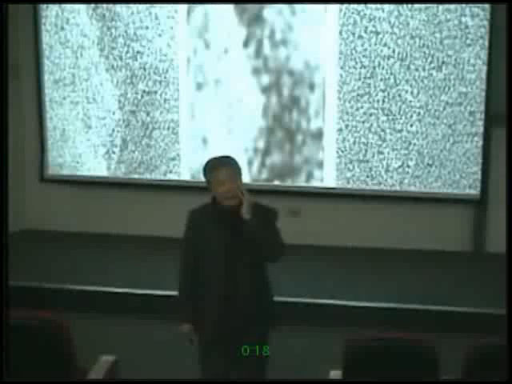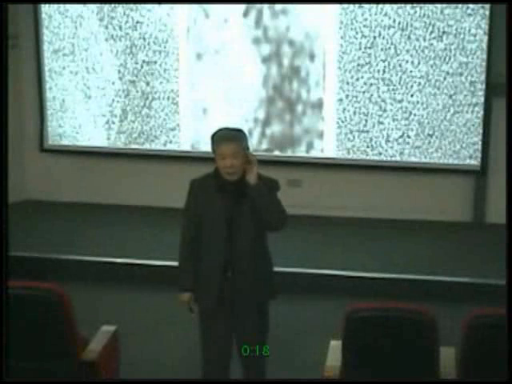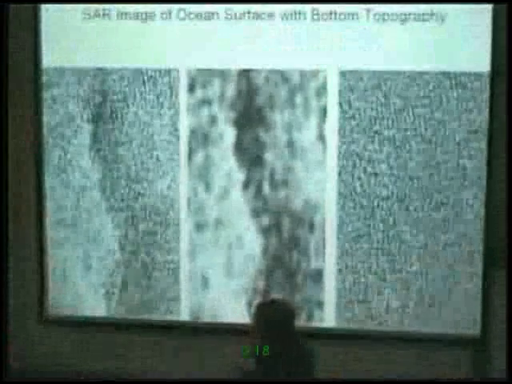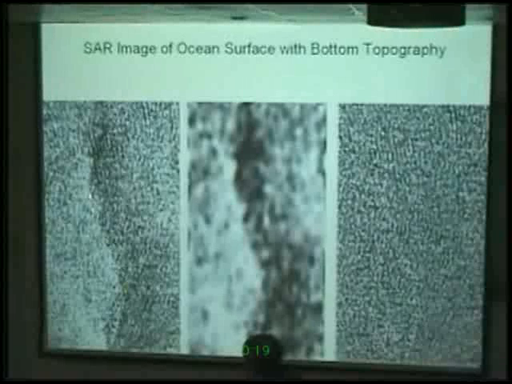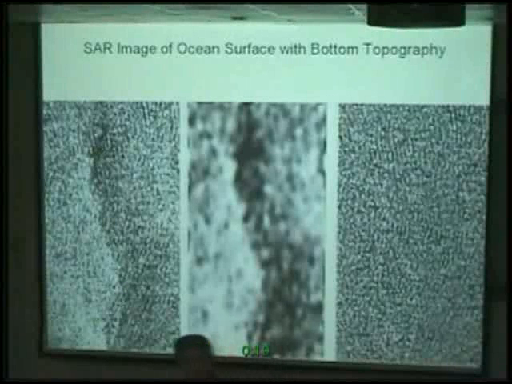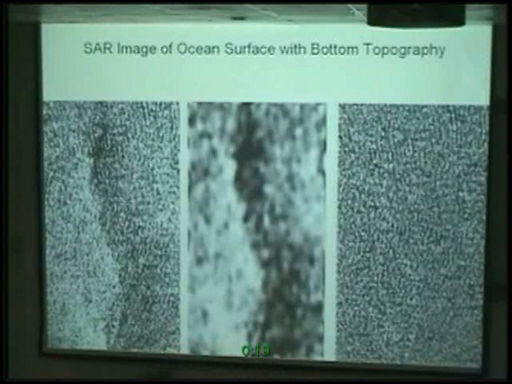So synthetic aperture radar, even flying at a height of say 800 kilometers, can get a resolution of about 20 or 25 meters with a very small antenna. In this picture you can see the rough surface and also certain features of the ocean bottom. This is one of the first things that surprised people about synthetic aperture radar.